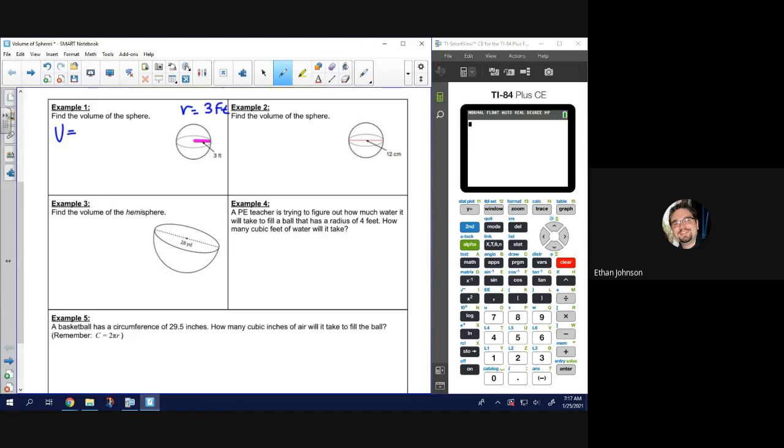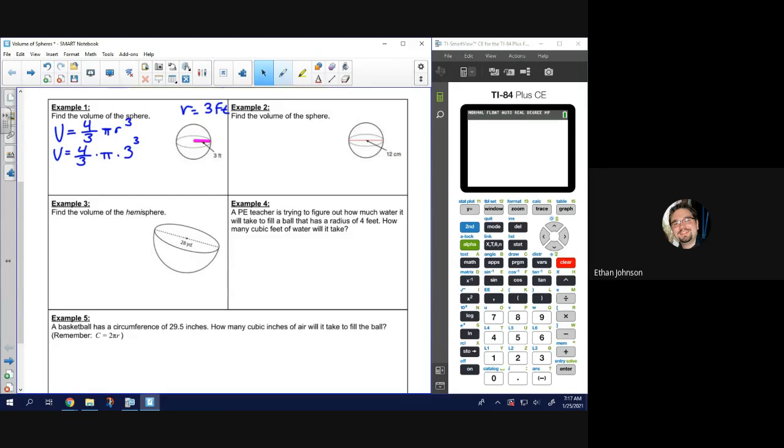So capital V equals 4/3 pi r cubed, or in this case, V equals 4/3 times pi times 3 cubed.